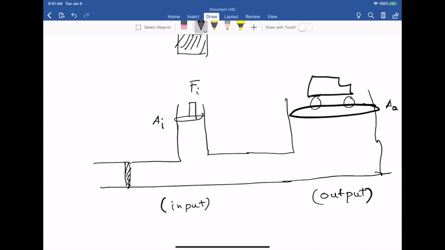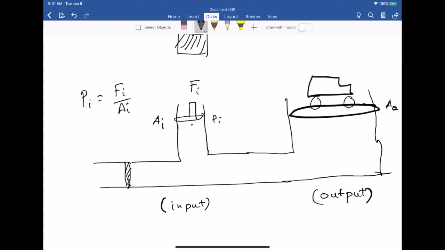What is the pressure that you're applying to the fluid by applying the force Fi? Let's call that pressure, which is felt by this point of the fluid over here, Pi. Pi by definition is going to be input force divided by input area. That's going to be the pressure.